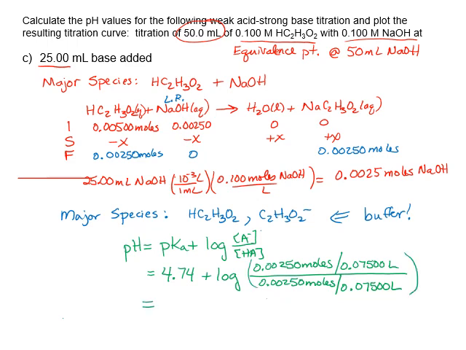Notice that at the halfway point to the equivalence point, we have used up half of the acetic acid by converting it to the acetate ion. So the concentrations of the weak acid and its conjugate base at this point in the titration are equal. The log of 1 is 0, so that gives us that the pH is equal to the pKa, in this case 4.74.